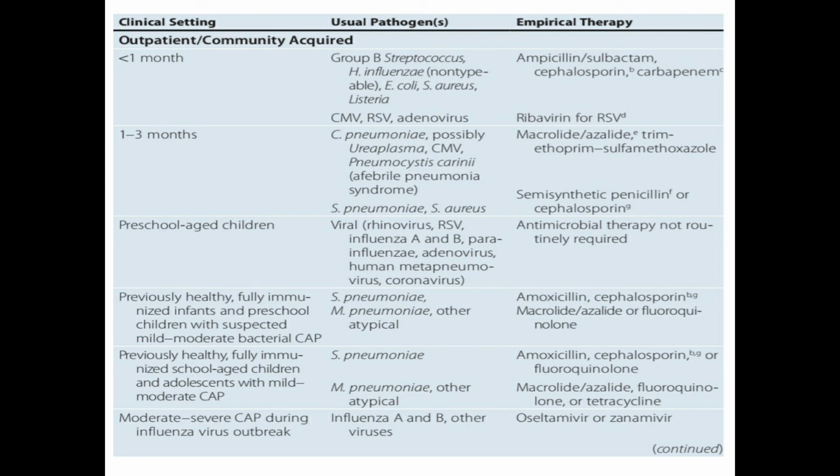For moderate to severe CAP during influenza virus outbreak, we can manage with oseltamivir or zanamivir, which are the antiviral drugs, especially for influenza A and B and other viruses.